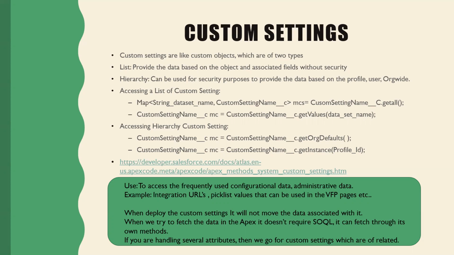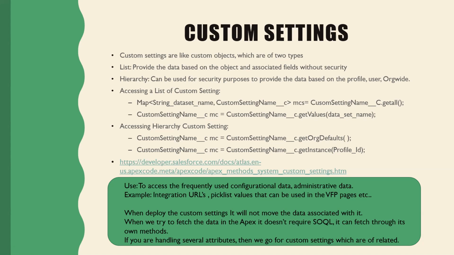It is also easy to manage as a configuration within production. We don't need to go through the deployment process. We do have custom labels, but that concept goes with only one value.